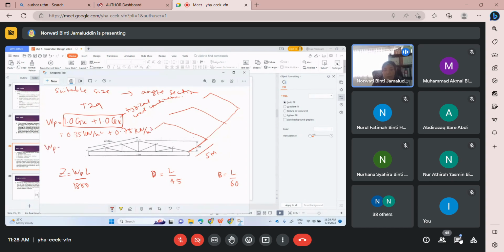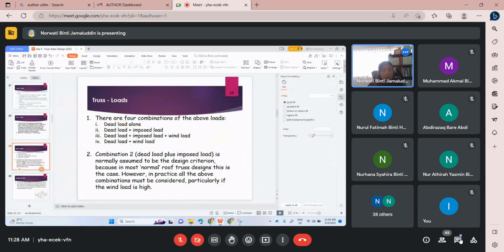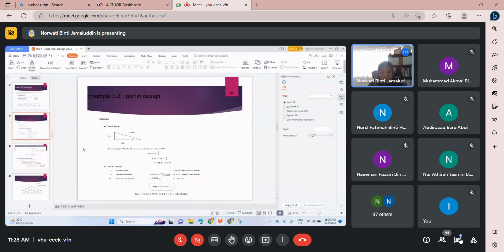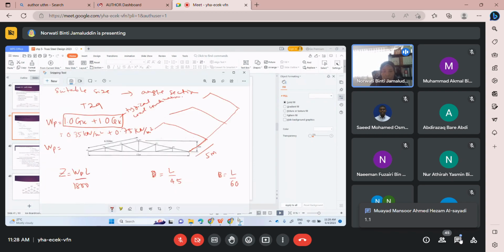So the WP will be, calculate for me, what is it? 1.21. 1.21, okay. 1.21 in unit kilonewton per meter squared.